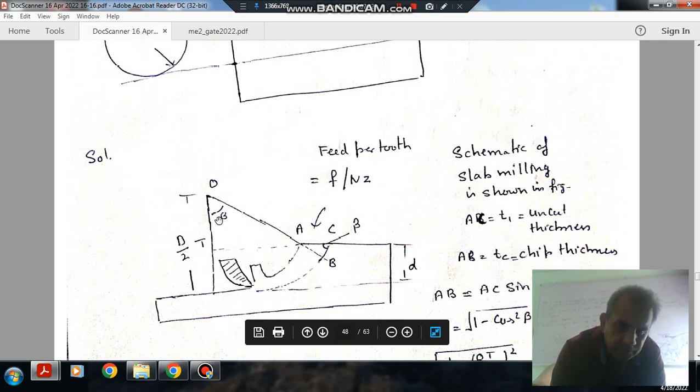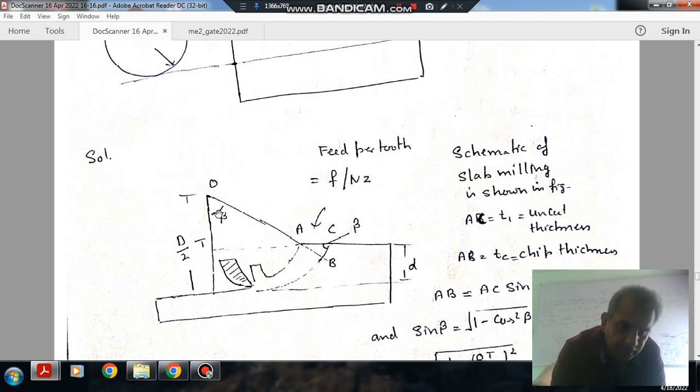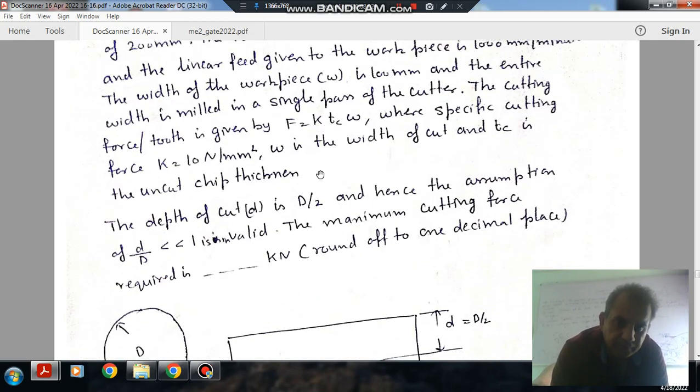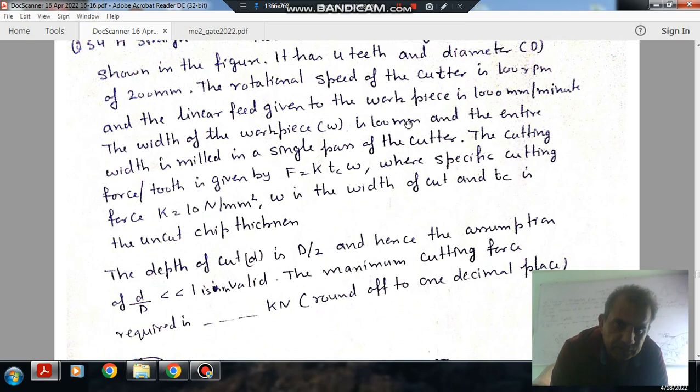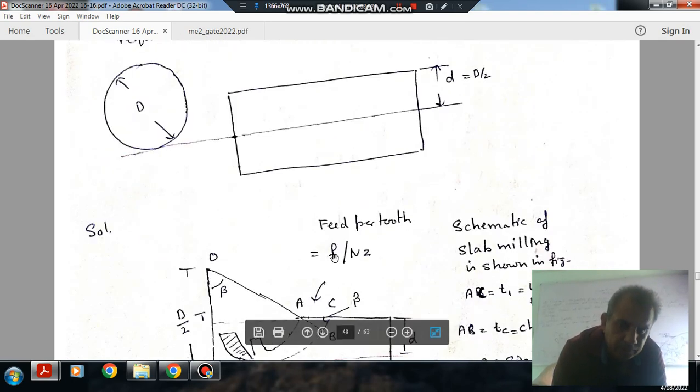So the angle swept, because it is rotating like this, is beta. So this is the chip thickness, this is the uncut thickness, and the uncut thickness is equal to the feed per tooth. The feed per tooth, ft, is given as: the linear speed is 1000 mm per minute, so we have to convert it to per tooth.